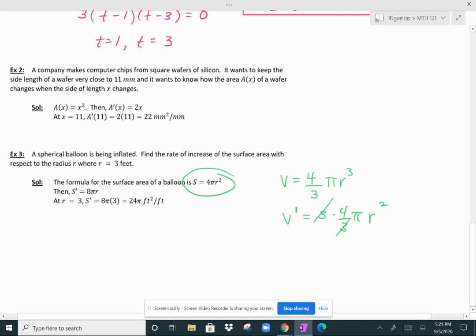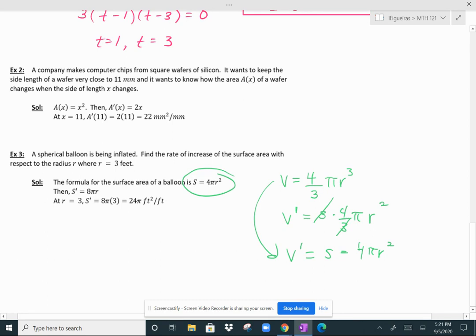The 3's cancel, and my V prime is actually my surface area formula, 4 pi r squared. So a lot of people know that formula just from high school or middle school. If you can't remember your surface area formula, it's pretty easy to derive by just taking the derivative.